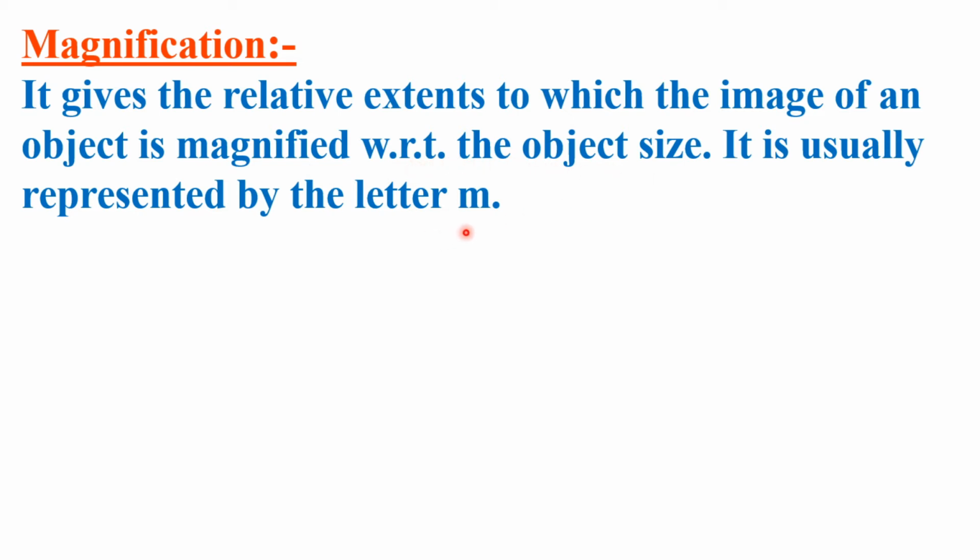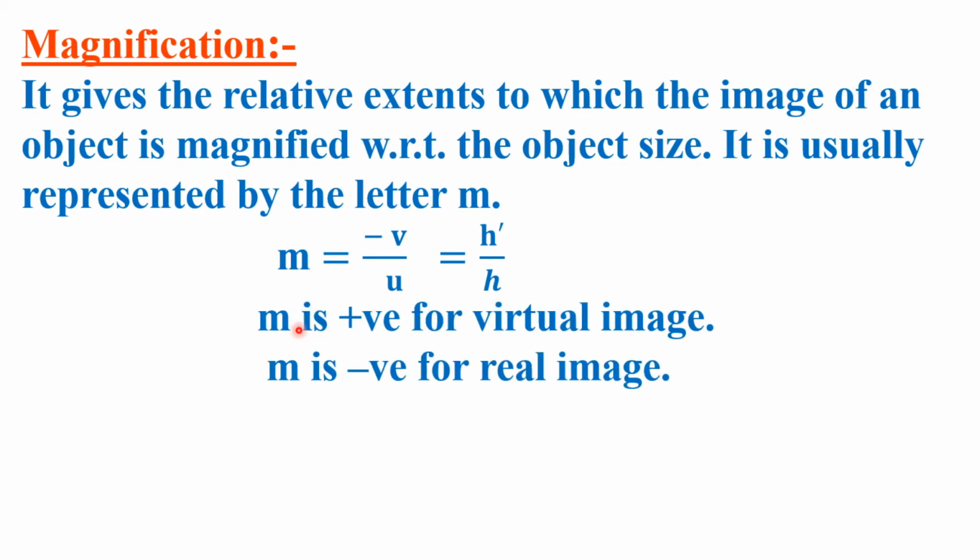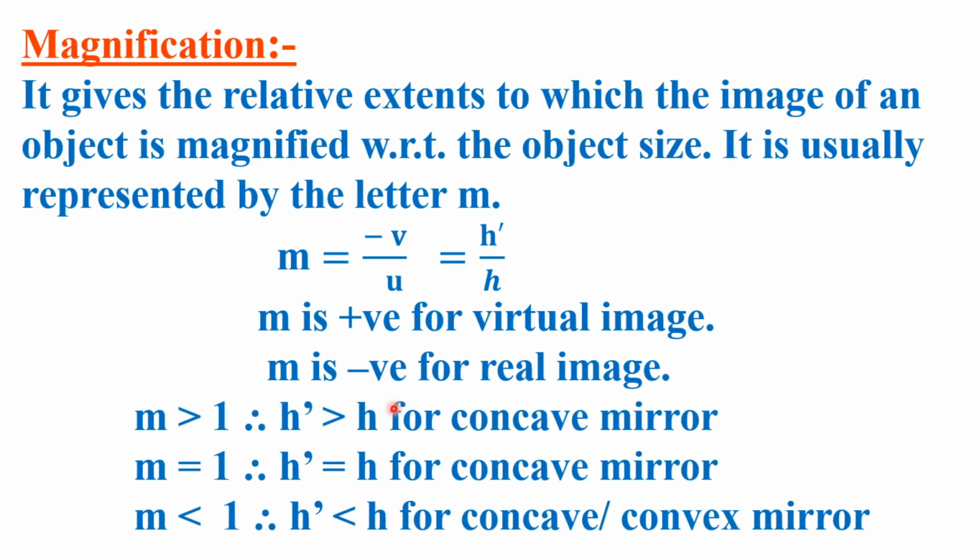It is represented by the letter M. M has the formula minus V upon U, minus of image distance upon object distance, which is equal to H dash upon H. H dash is the height of the image and H is the height of the object. M is positive for virtual images and M is negative for real images.